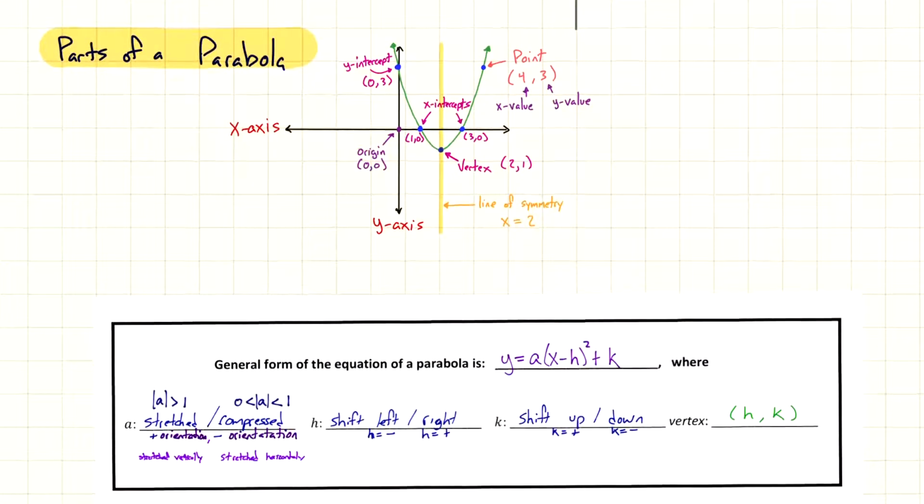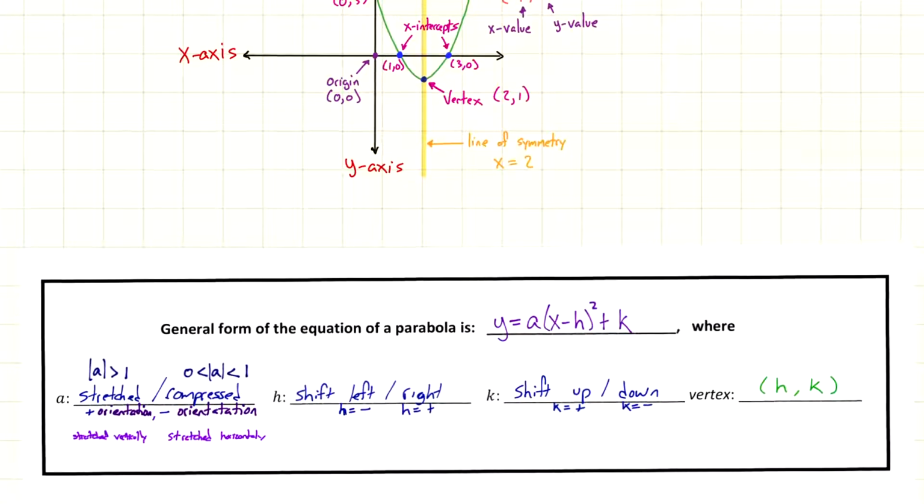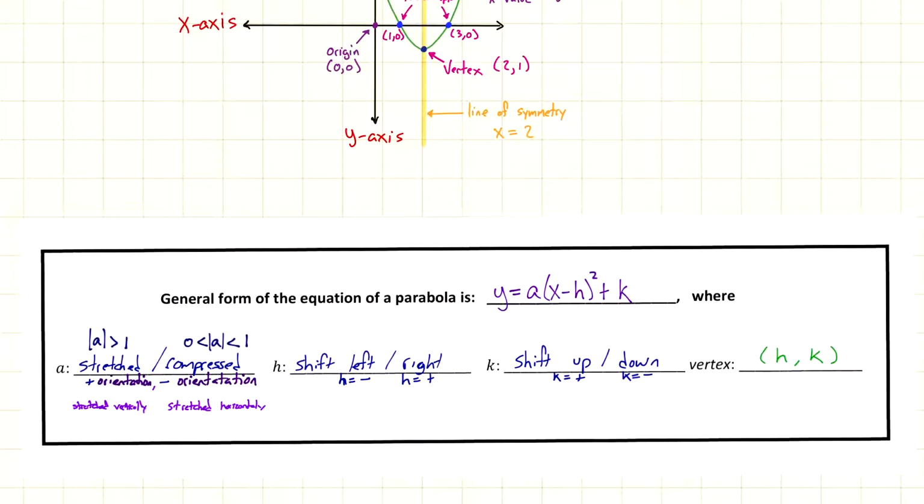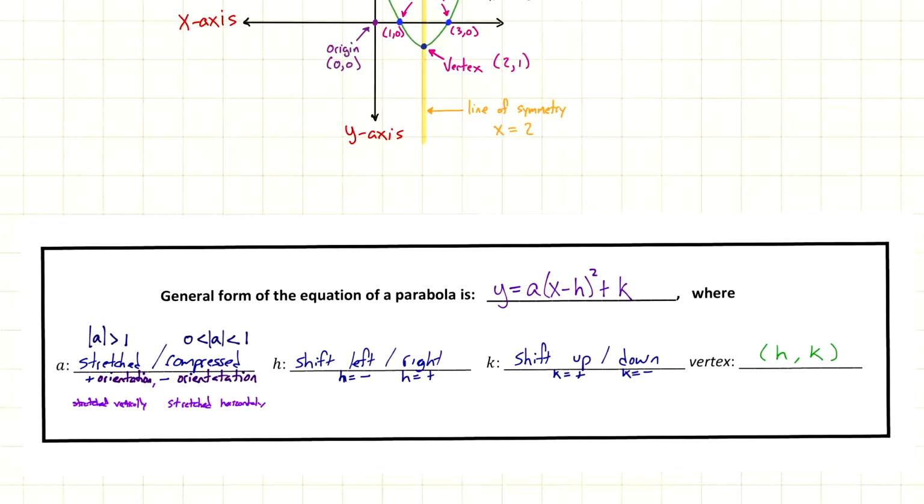And then from the handout that we talked about last time, these are the specifics that I went over at the end of the handout when we finally got to the actual graphing form, and I went into specifics of what the A value helps us with, what the H value, K value, and vertex.